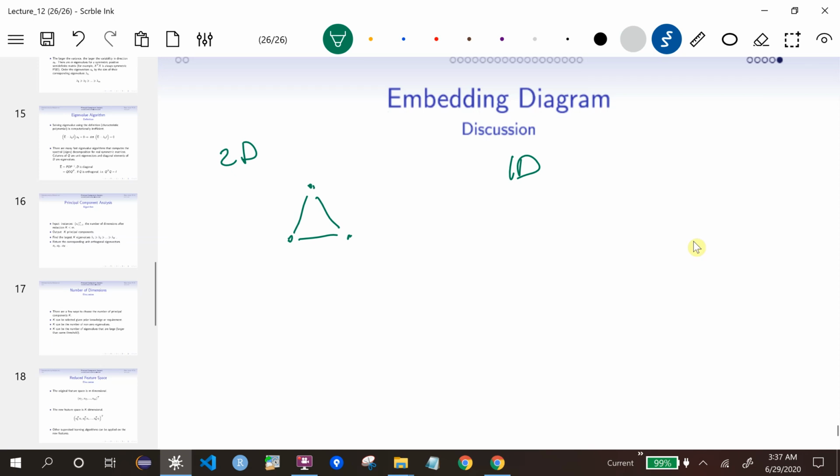If we have 3 points that are equally distant from each other and we want to embed them into a one-dimensional space, it's impossible. If we only have 2 points, then yes, it is possible, but 3 points is not, because we want the distance between these two to be the same, and we also want that one to be the same as well, which is impossible in a 1D space.